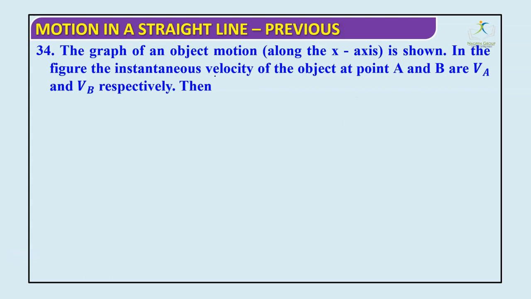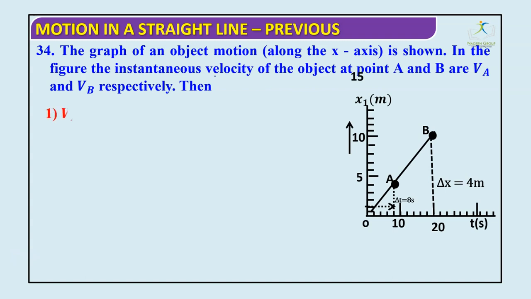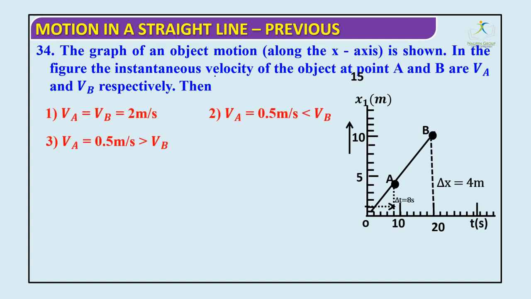Then the first option is given: VA is equal to VB is equal to 2 meters per second. Second, VA is equal to 0.5 meters per second and is less than VB. Third, VA is constant and VB is less than that. And fourth option is VA is equal to VB is equal to 0.5.